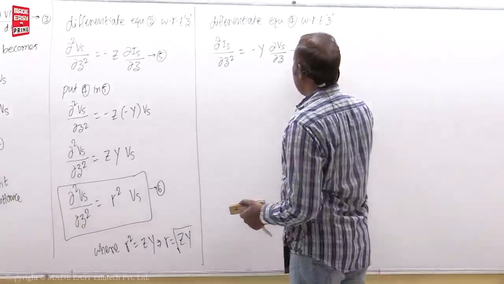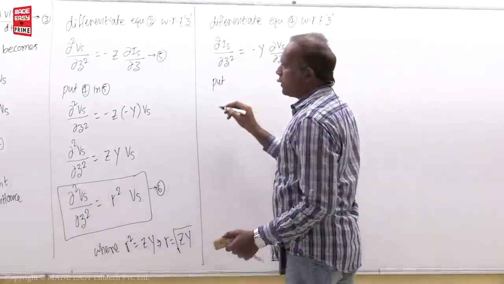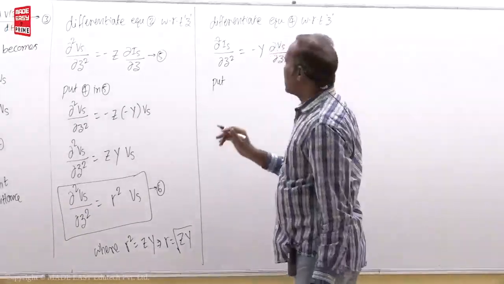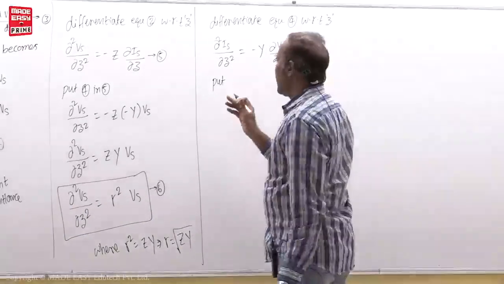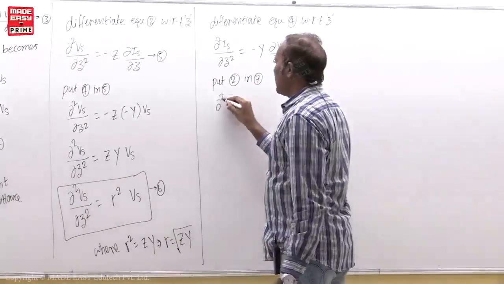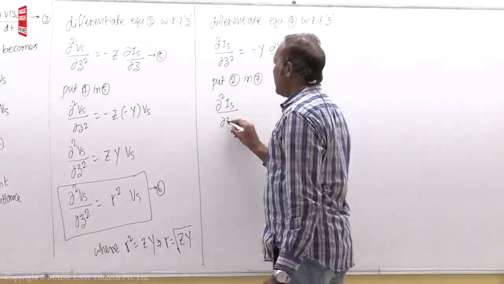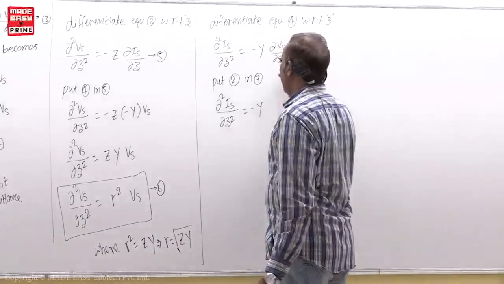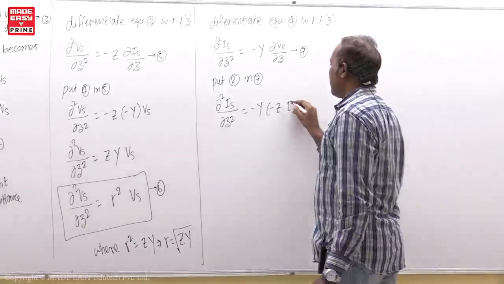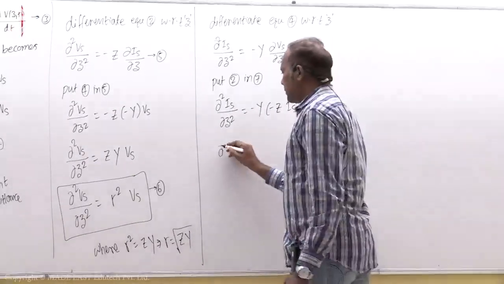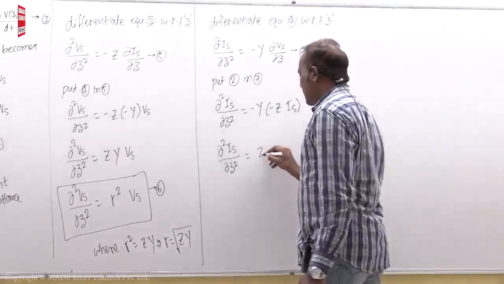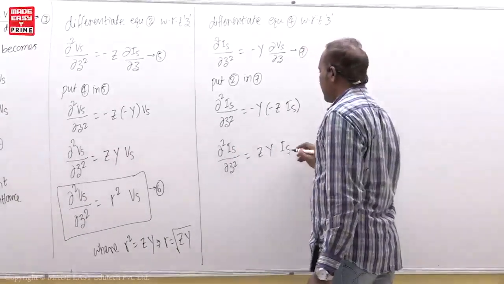So let us say this is 7. Now put the second equation in place of dou Vs by dou z, which is minus z into Is. So put the second equation in 7. Then you will get dou square Is by dou z square is equal to minus y into minus z into Is. So ultimately you get z into y into Is.